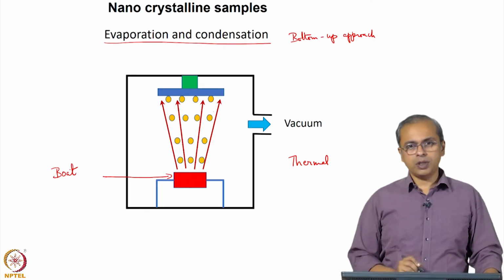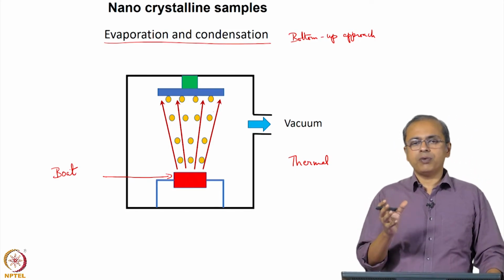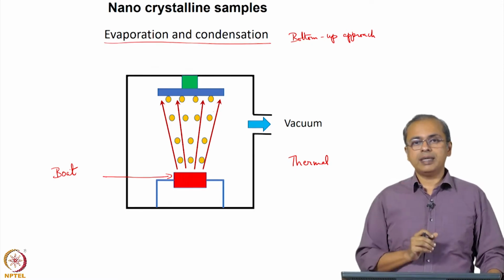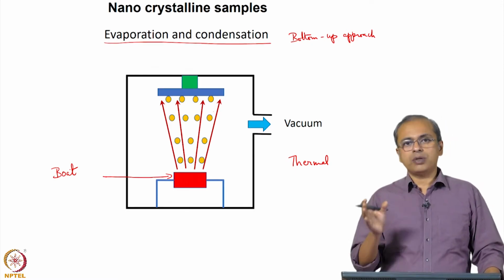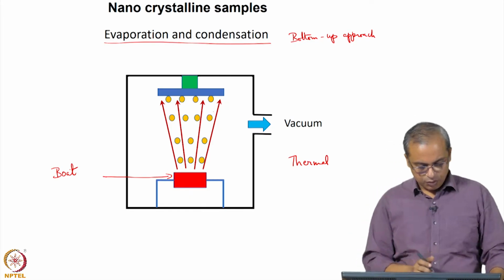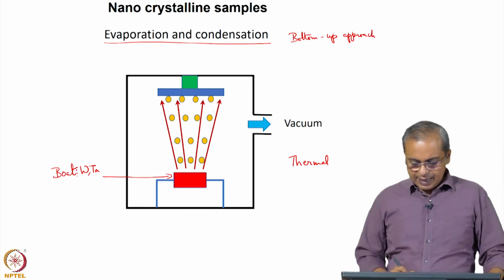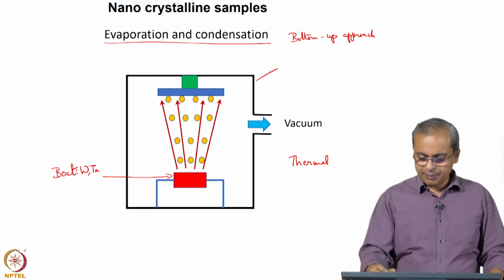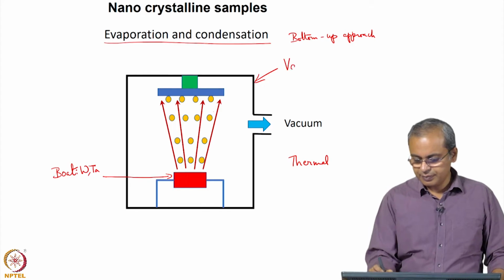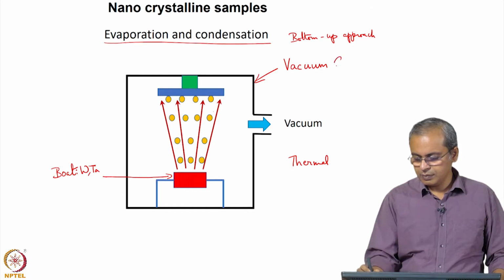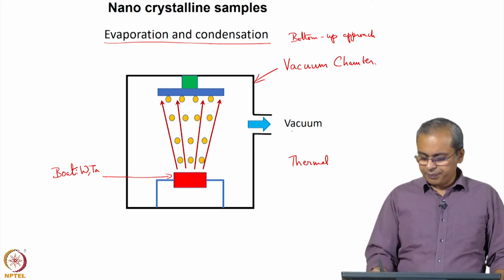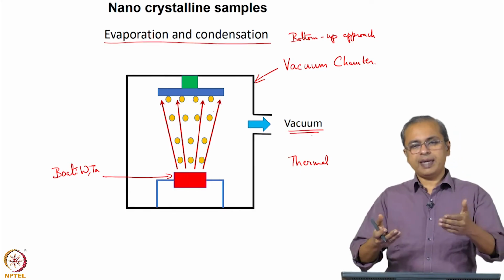It is usually made of some high melting point metal, it could be tungsten or tantalum, for example, and it is kept in a chamber. This is a vacuum chamber. And then you draw vacuum, so you evacuate the chamber.